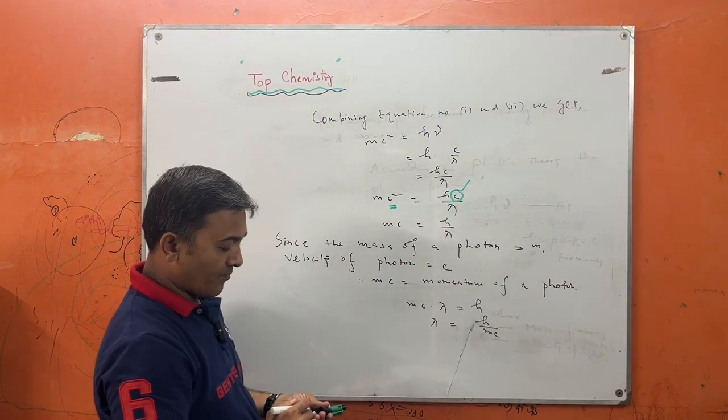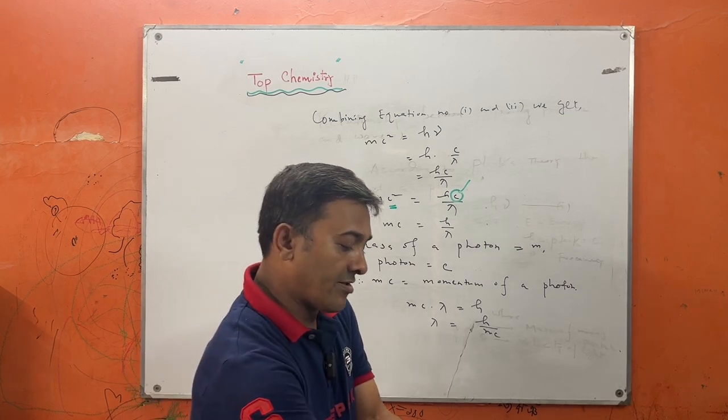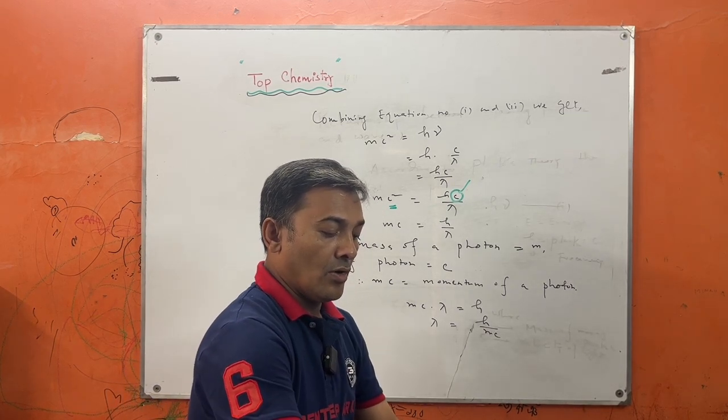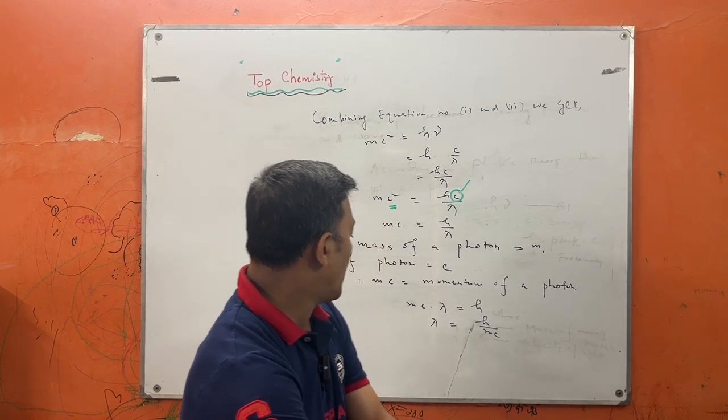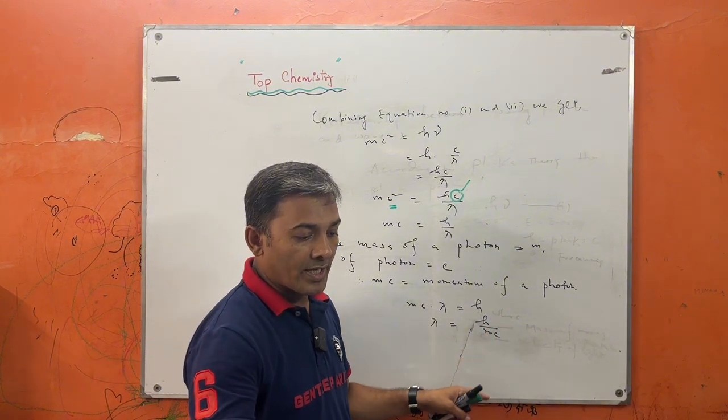We can write down lambda equal to h by mc. We know what is lambda, what is h, what is m, and what is c.